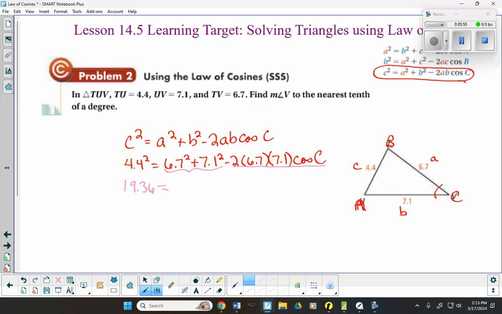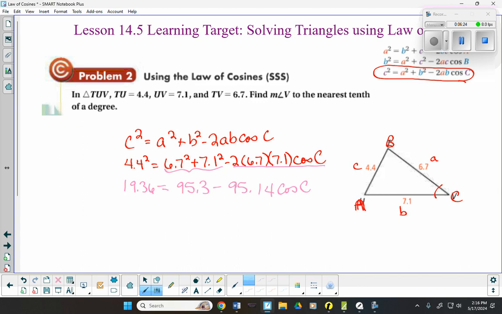So we can type those in. We have 6.7 squared plus 7.1 squared, which is 95.3. And I can multiply the other numbers together: 2 times 6.7 times 7.1, which is 95.14 cosine of angle C.